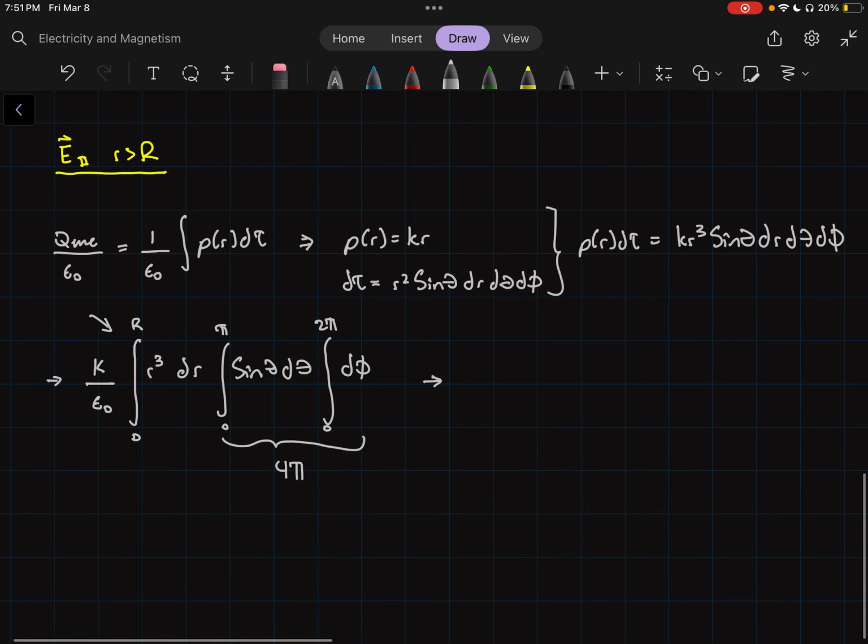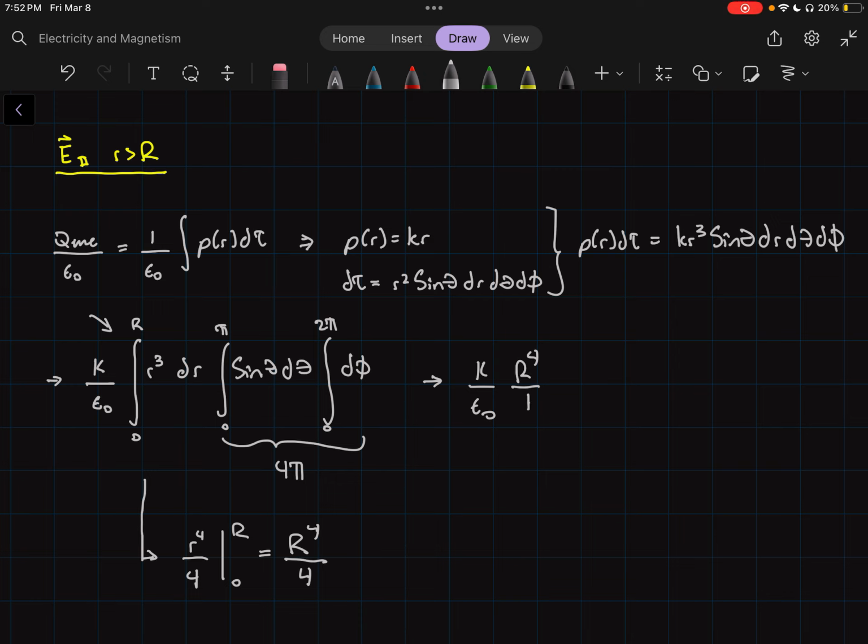So this will then evaluate to r to the fourth over 4 from 0 to big R, which is r to the fourth over 4. So now we have k over epsilon naught, r to the fourth over 4 times 4 pi, which equals k over epsilon naught, r to the fourth pi.